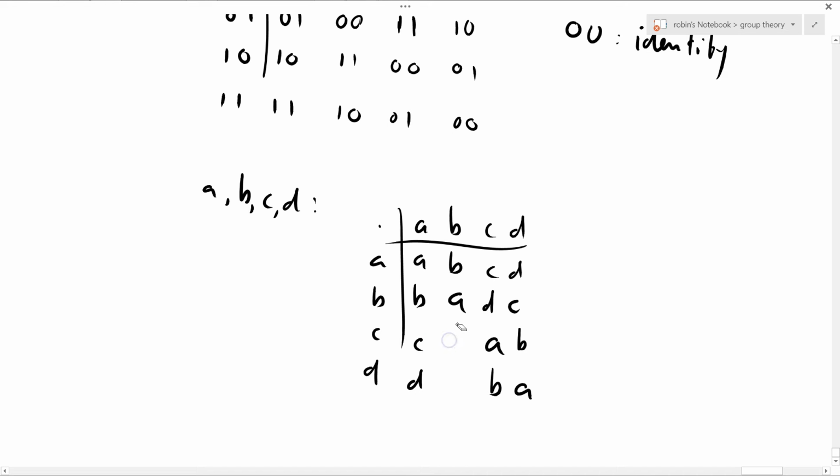That must be a D, not a B, and that one must be a C. There we go. So that's C2 cross C2, which is sometimes called the Klein four-group, or Vierergruppe.